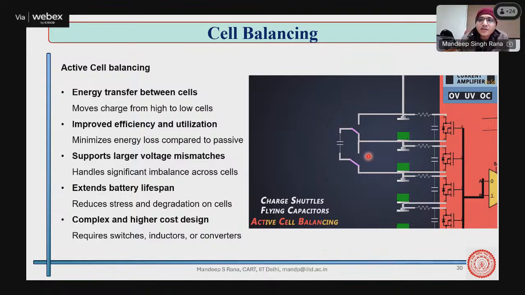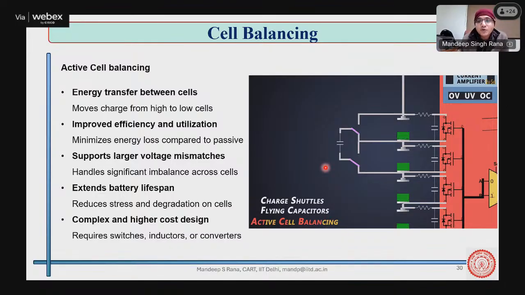Generally, we do not put one bypass capacitor on each cell. We put them pair by pair. Suppose these two batteries will have one bypass active capacitor, this pair will have another, and there will be no bypass between the second battery and third battery, because I don't want to put a lot of hardware there. That's what I'm trying to say.